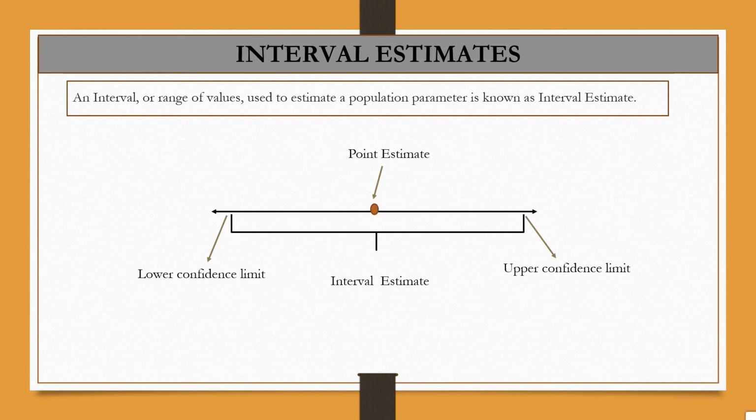I hope it's clear. Now, interval estimation gives rise to two important statistical terminologies. One is known as a confidence interval and the other is known as margin of error. It is important that you pay attention to both of these terminologies.